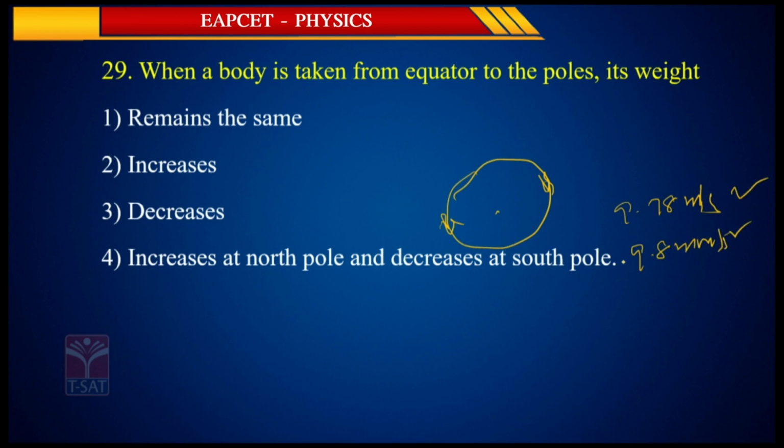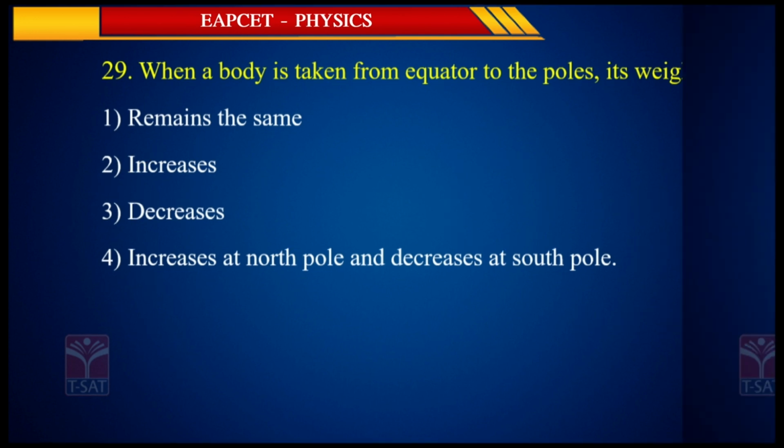That means at the pole the acceleration due to gravity value is more. Therefore, weight W is equal to mg. If g increases, the weight increases. Therefore, at the pole the weight increased. That is the second option, increased.